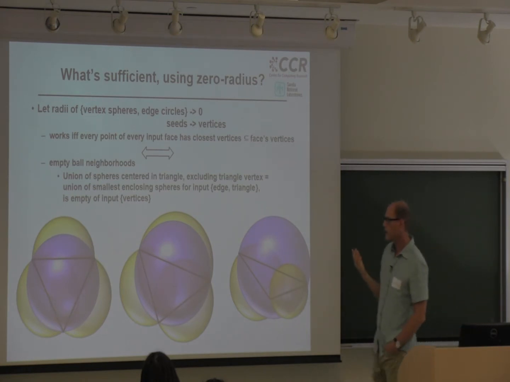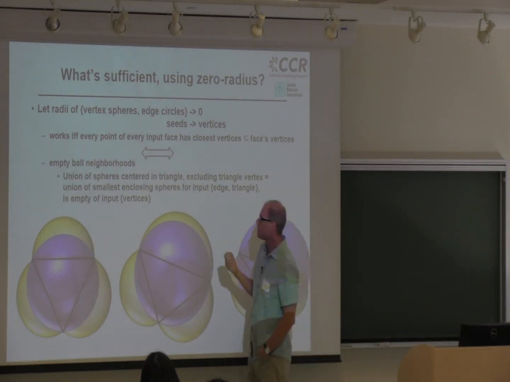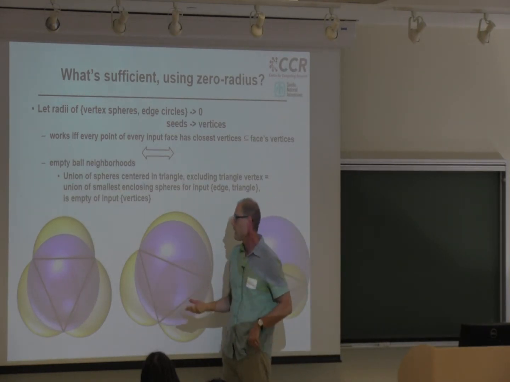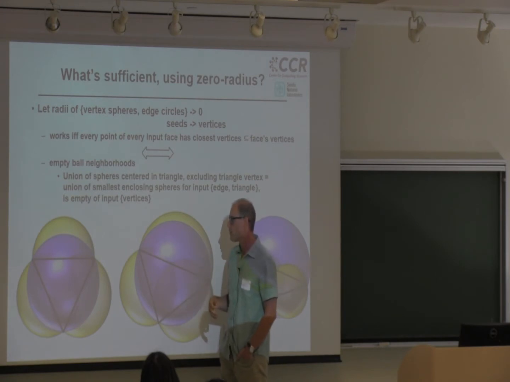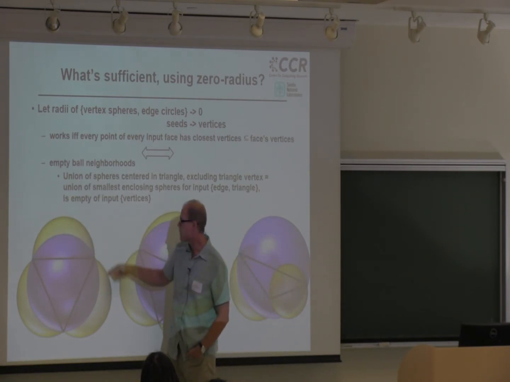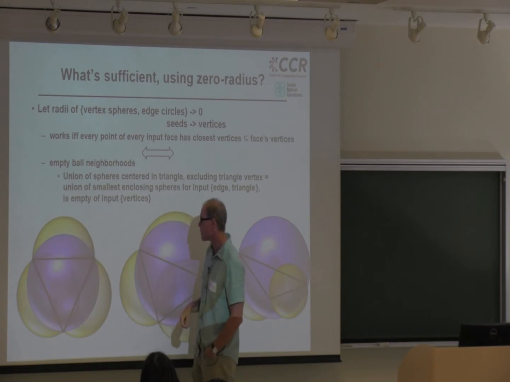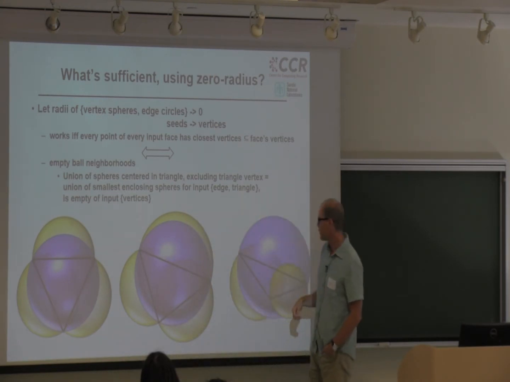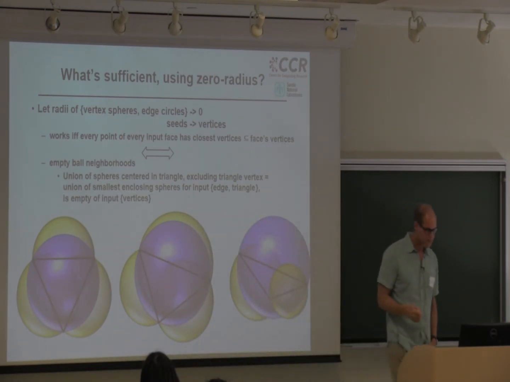And so this is the union of all maximal empty balls inside a triangle, but you can describe that just by 4 of them, just the diameter circles of the edges, and then the smallest enclosing sphere of the whole triangle.